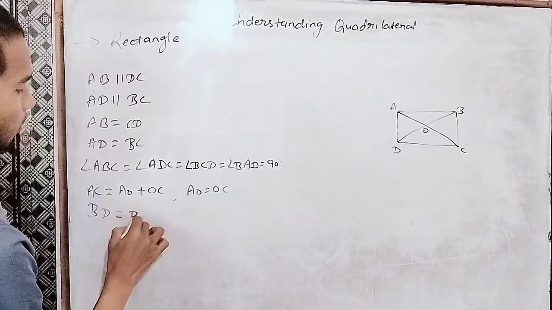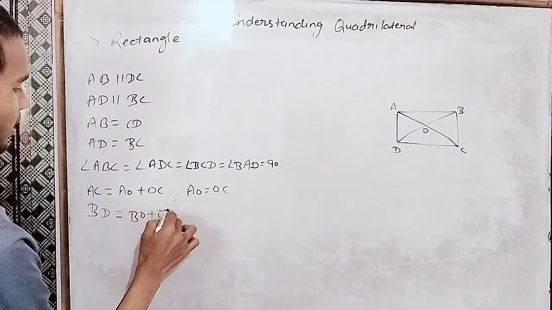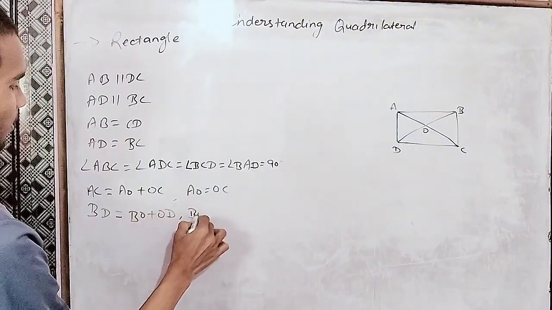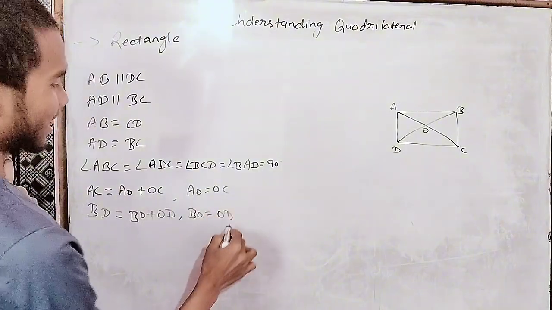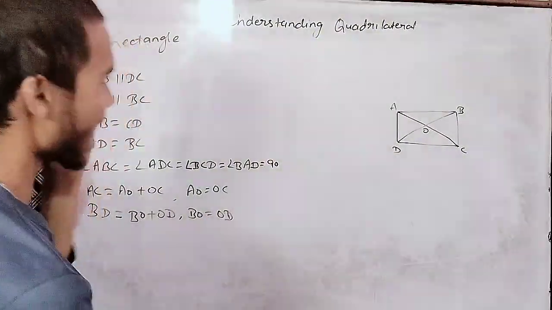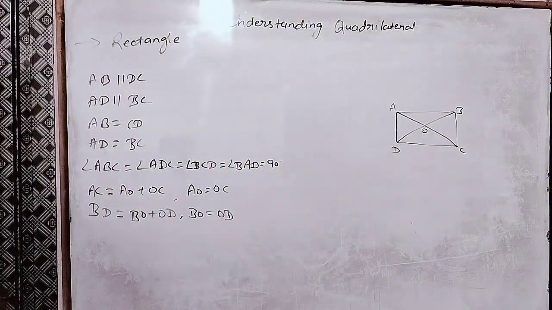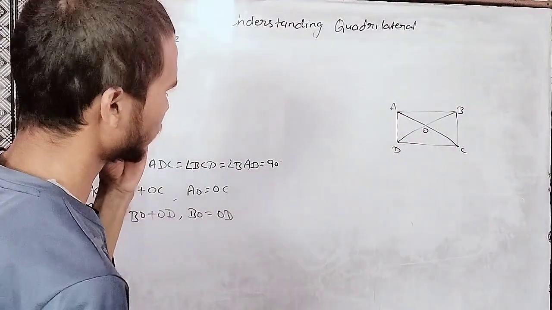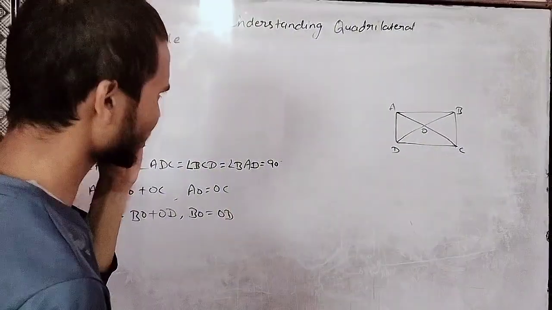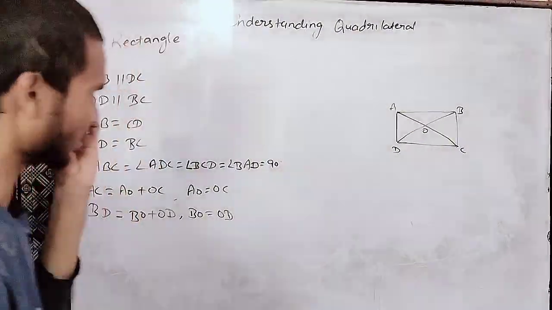BD can be written as BO plus OD, and BO is equal to OD. That's it. So here you didn't see anything change, only the angle.